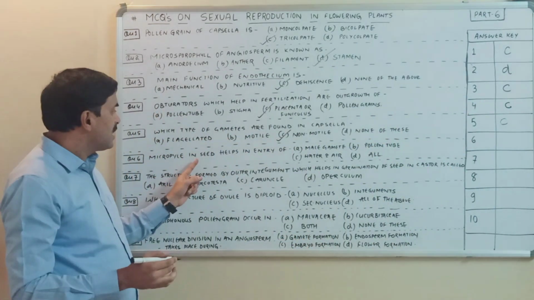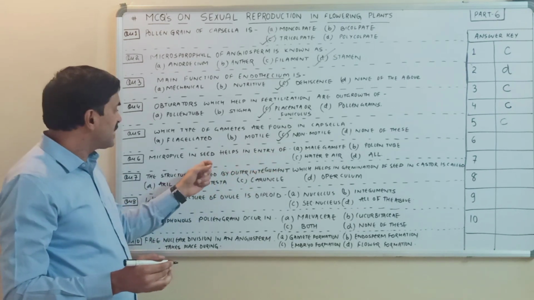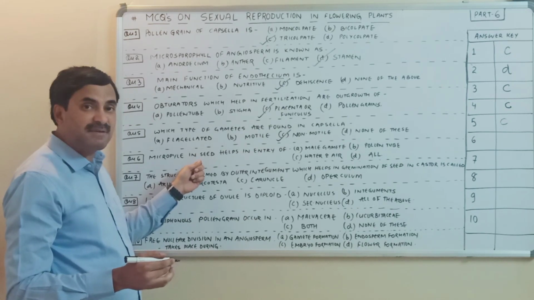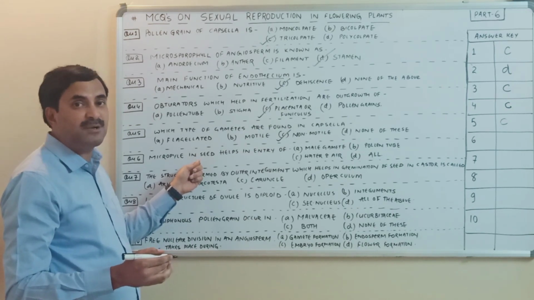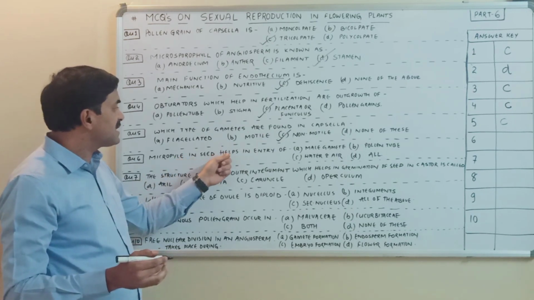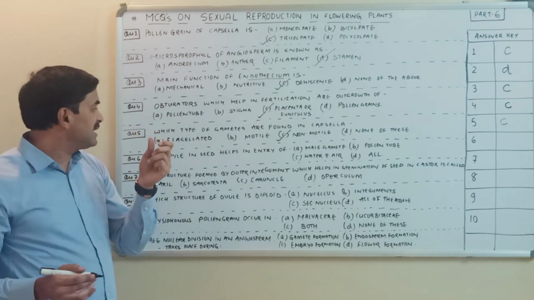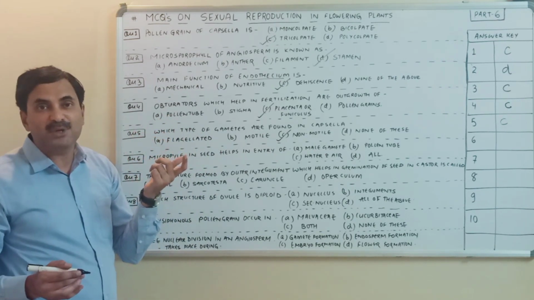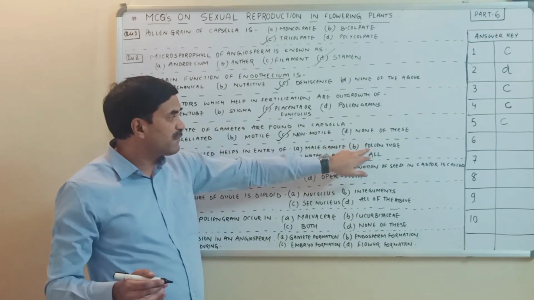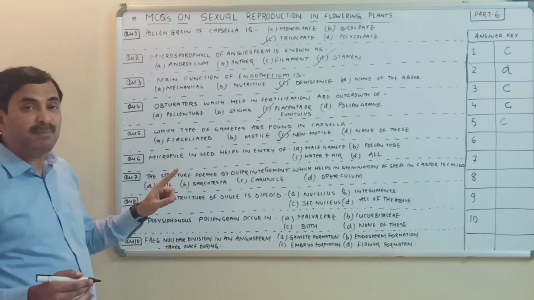Question number 6, micropyle in seed helps in the entry of. Many times a simple question, right? This is a very simple question, but still many students will do it wrong. Why? Because people think that micropyle is meant for the entry of the pollen tube inside the ovule. So they opt for the option pollen tube, but it will become wrong. Why? Because I have not asked about the ovule.